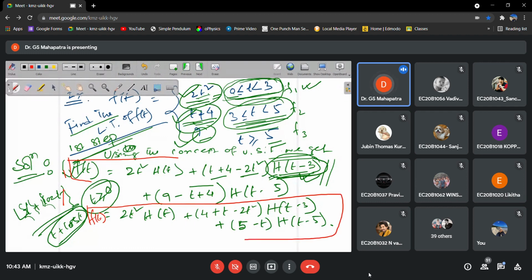This is your second step. Correct. Instead of taking the Laplace transform of this function, we can find the Laplace transform of f of t. Clear? Since we have written this function in terms of unit step function, of the given original function f of t.